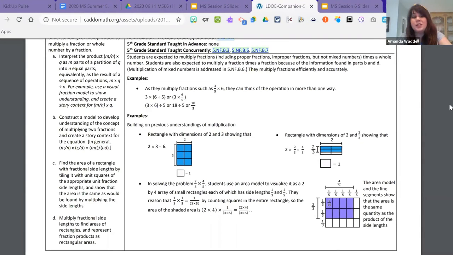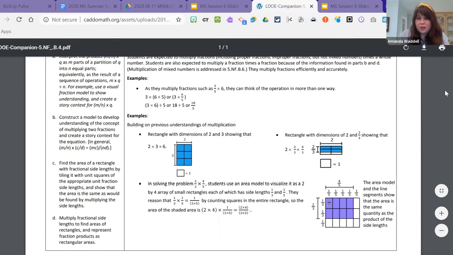So I know that what they probably missed on this standard was the fact that they might not translate finding the area with whole numbers to finding the area of a shape with fractional lengths. So that is how this is helpful to you. And it's there. You don't have to go search through all of the 5th grade stuff, because that can be daunting. So that's all linked there for you.